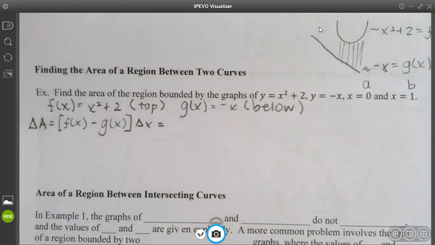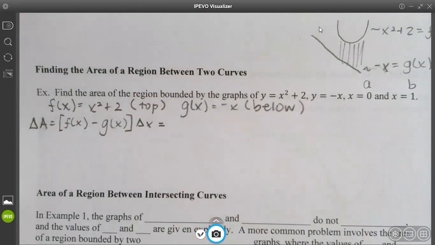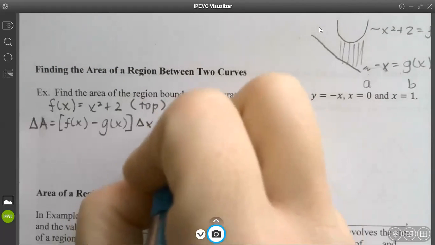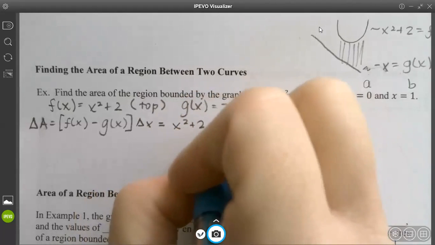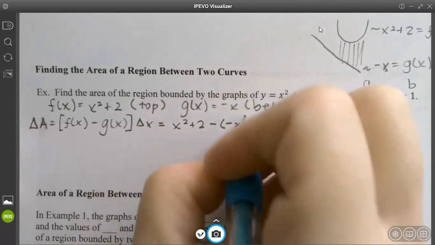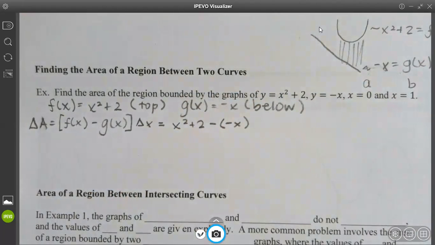What is f of x? x squared plus 2 minus g of x, which is negative x.